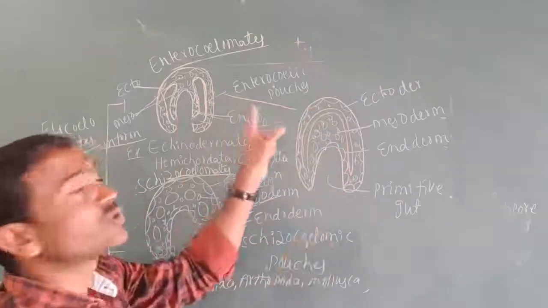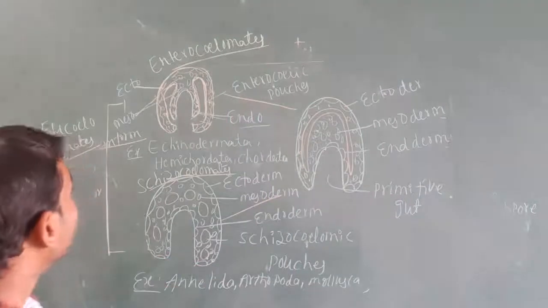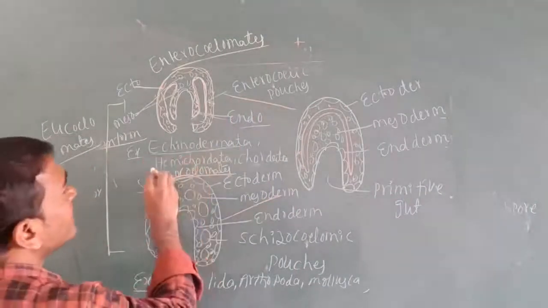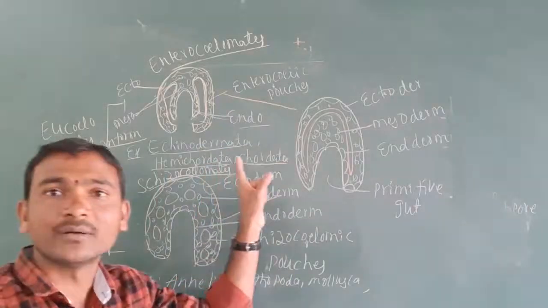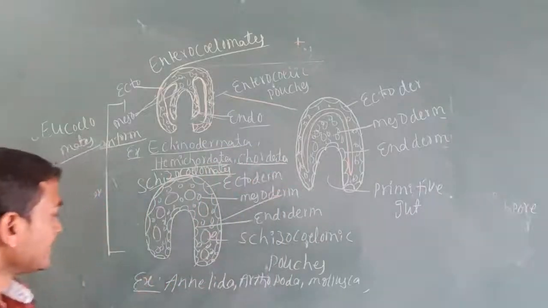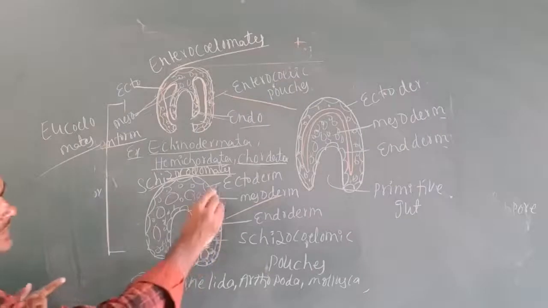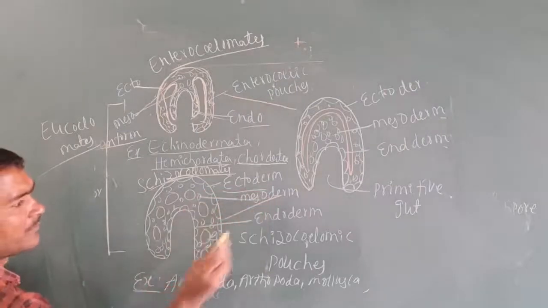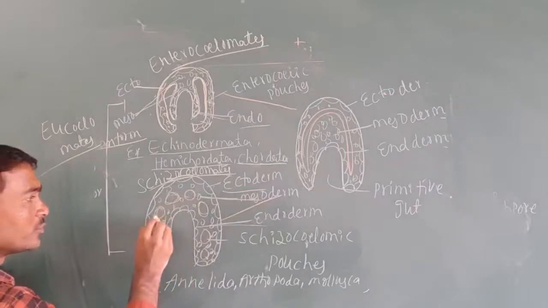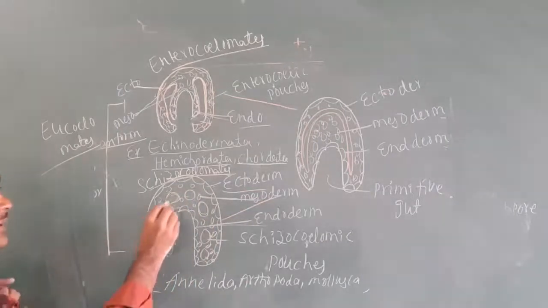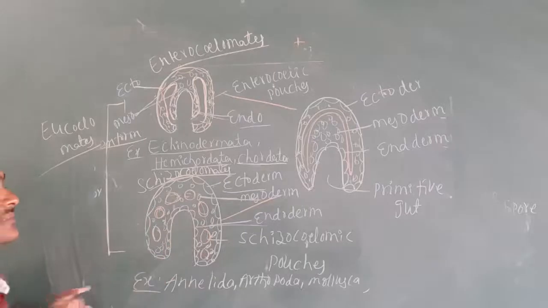The examples of enterocoelomates are Echinodermata, Hemichordata, and Chordata. The next is the schizocoelomates. See here, ectoderm, mesoderm, endoderm, but here the schizocoelomic pouches are there, meaning the gap is also there.